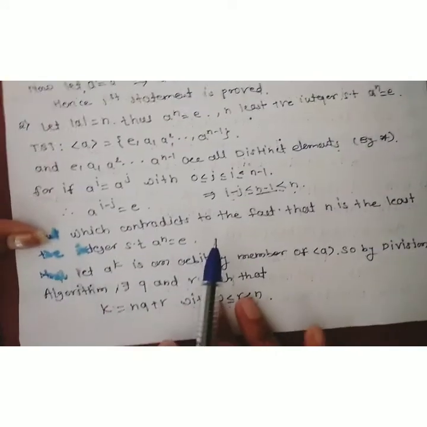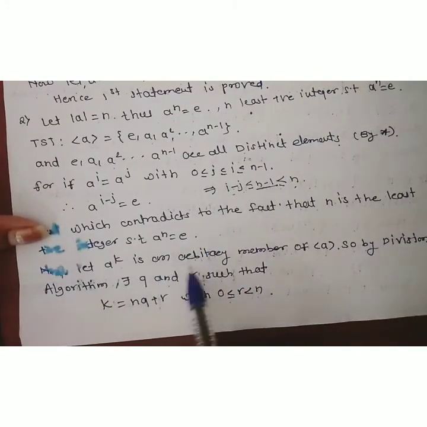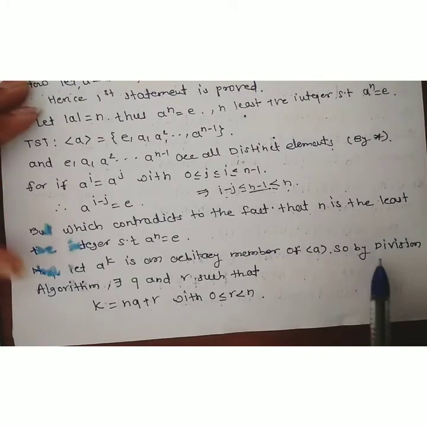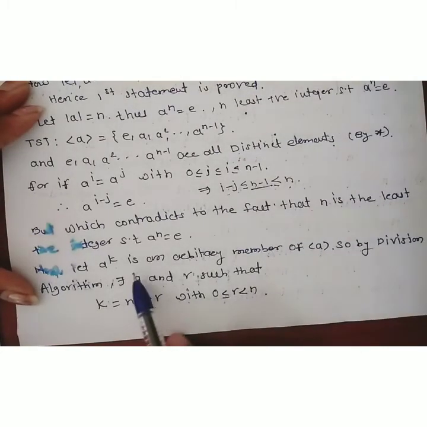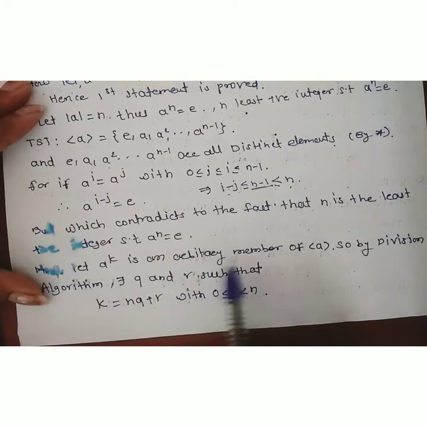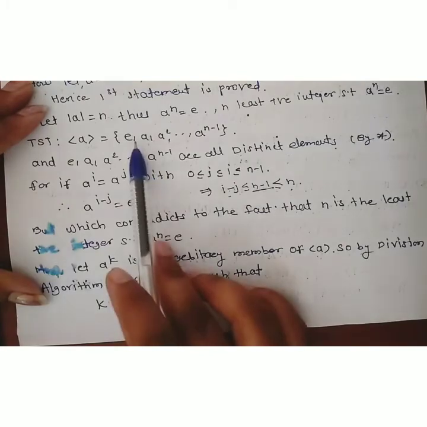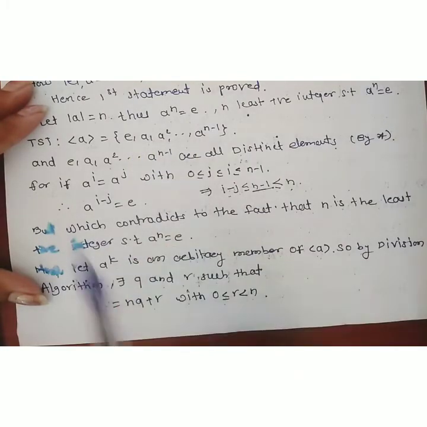Now let a to the power k be an arbitrary member of the set generated by a. How do the elements of the set generated by a look? The set generated by a is a, a squared, up to a to the power n minus 1.